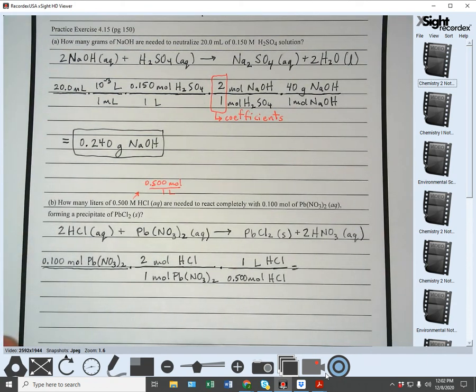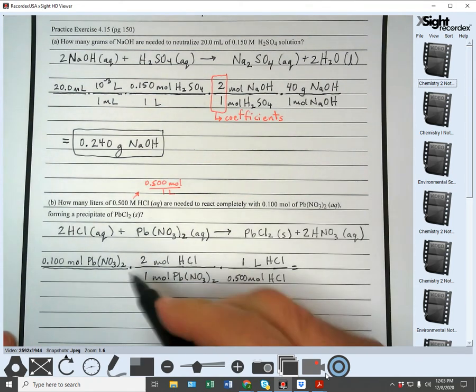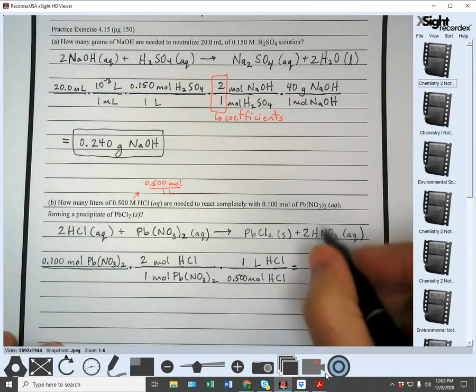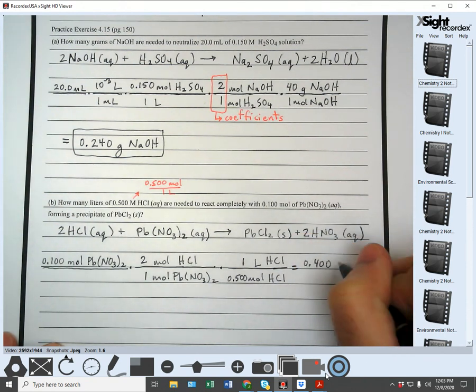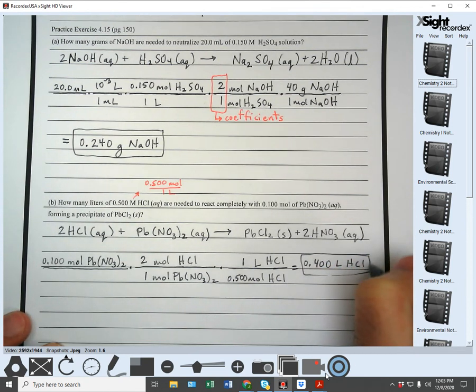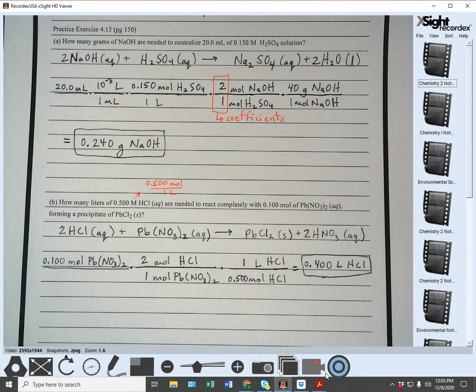And let's see. Significant figures, I've got 3 and 3, so it's going to be 0.400 liters of HCl. And that's all there is to it. Okay, so that's it for that one.